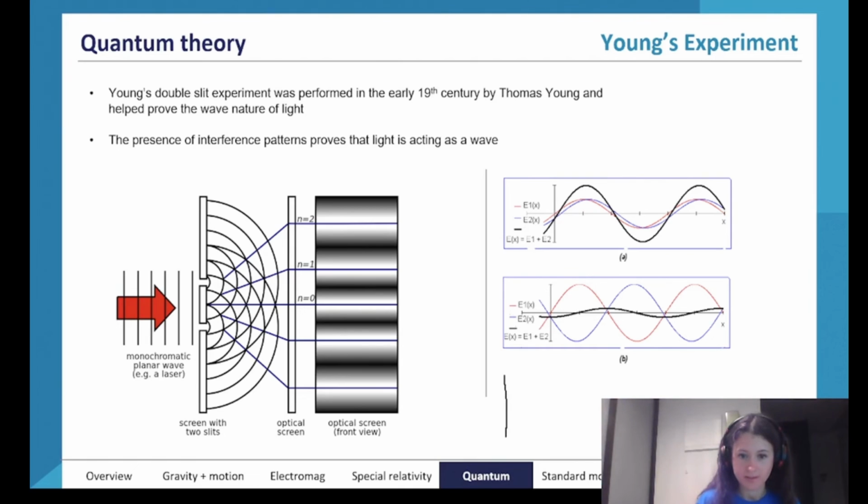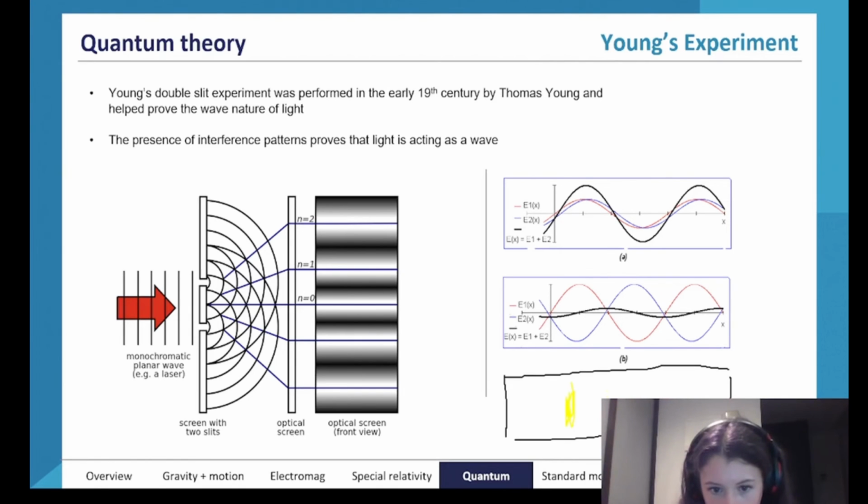Basically, the pattern that he saw was a big pattern of light, two big patterns of light with petering out sections on either side, which describes an interference pattern of waves.